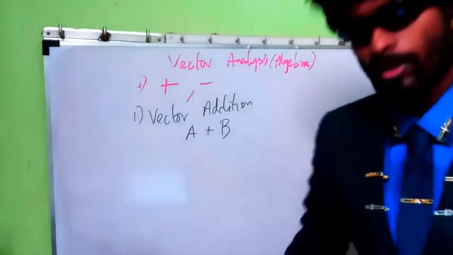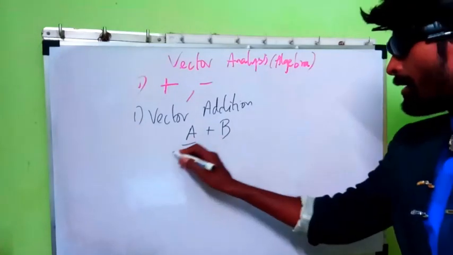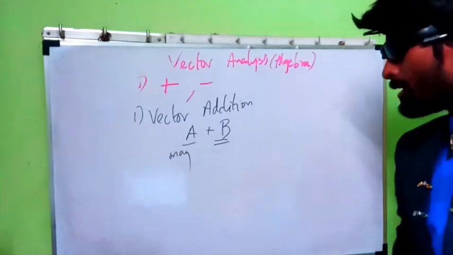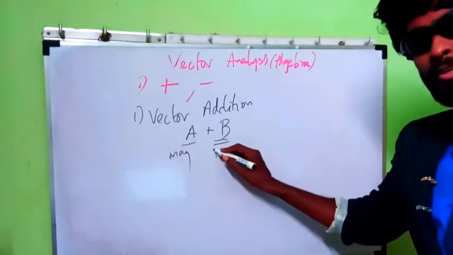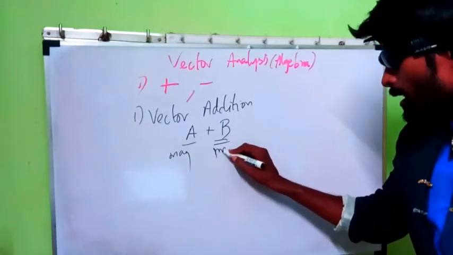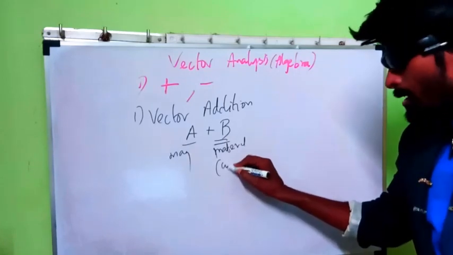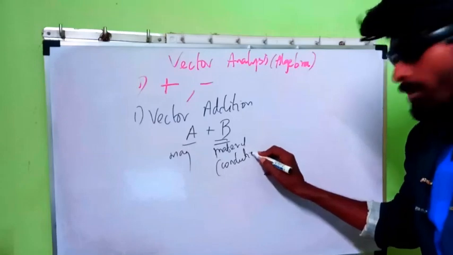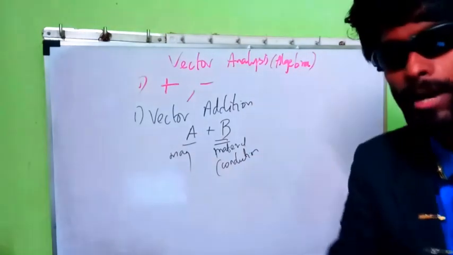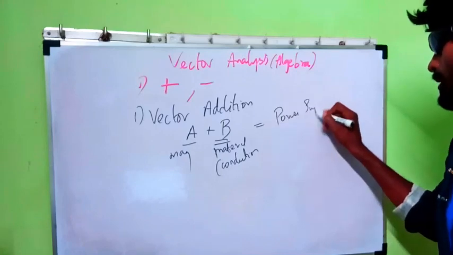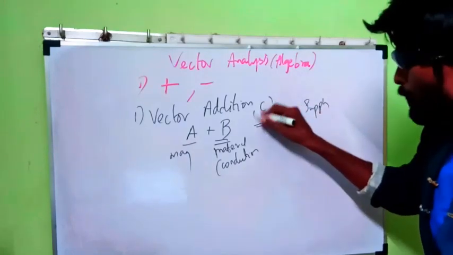You might have seen that A is said to be a magnet, and B is said to be some other material, and that material is going to be conducted by a magnet. That's because it's attracted by the magnet, and there comes a power supply, and the power supply is termed as C.